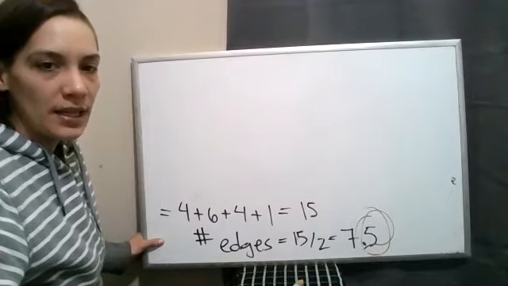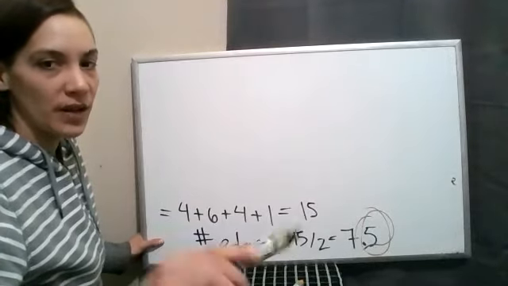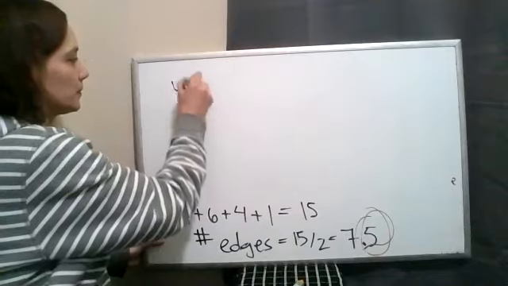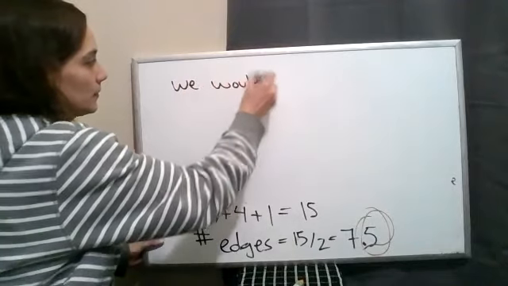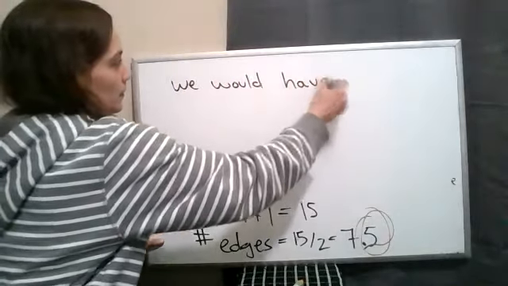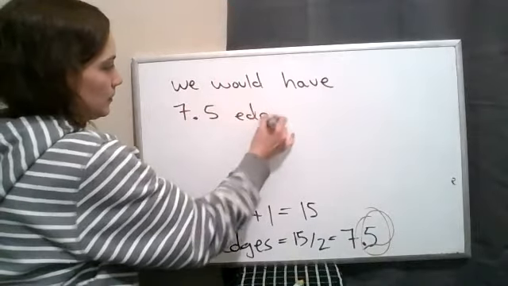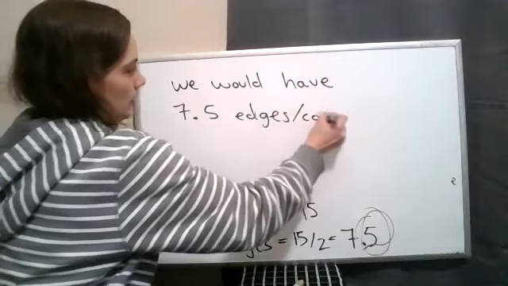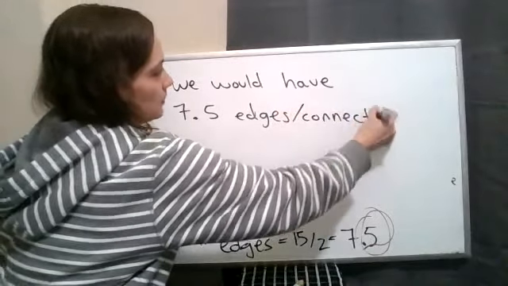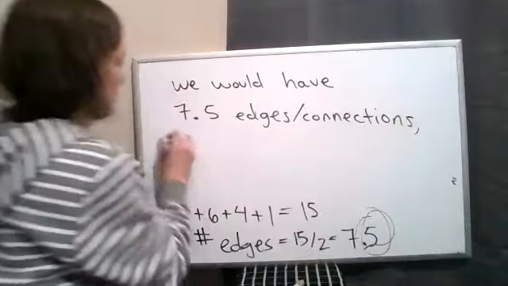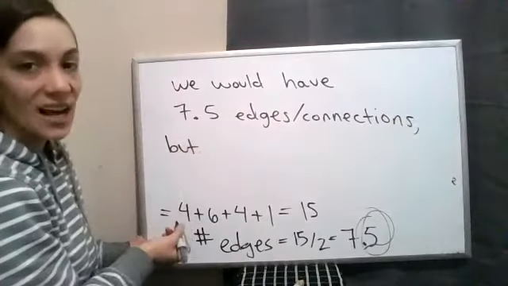So there would be 7.5 edges. Or connections. But you can't have half an edge.